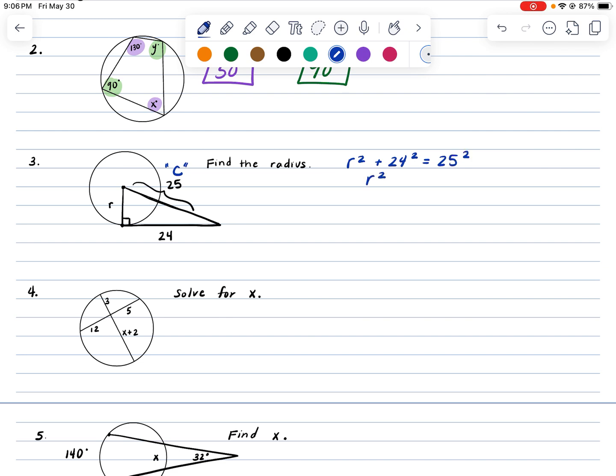And I get r squared plus 24 squared, which is 576, is equal to 25 squared, 625. I'm going to subtract the 576. I get r squared is equal to 49. Square root, and I get that r is equal to 7.